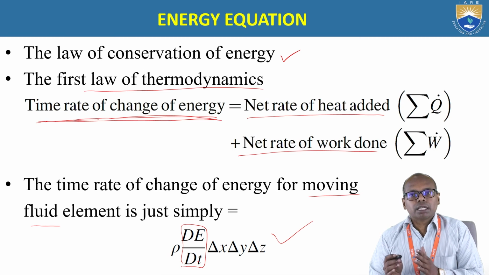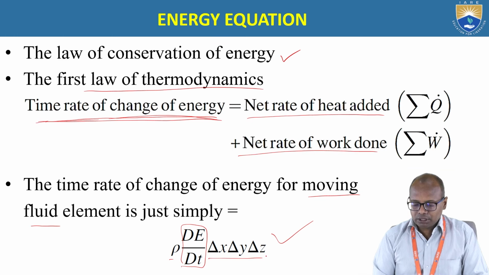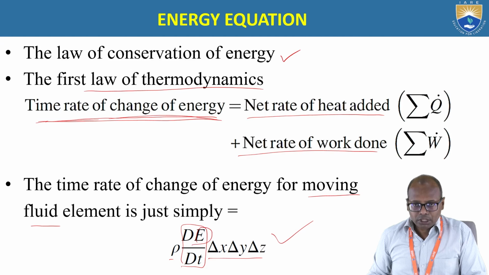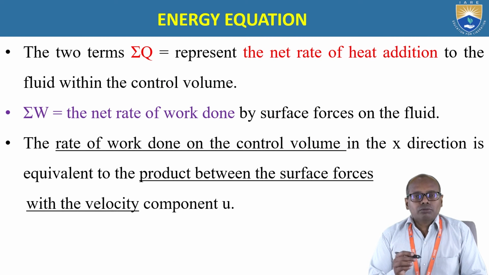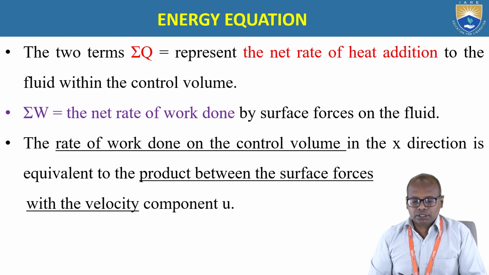If E is energy per unit mass, then we have to multiply that with the mass, that is rho into delta x into delta y into delta z. This energy will have some parts, that also we'll see. Now we'll discuss again each term in that equation.